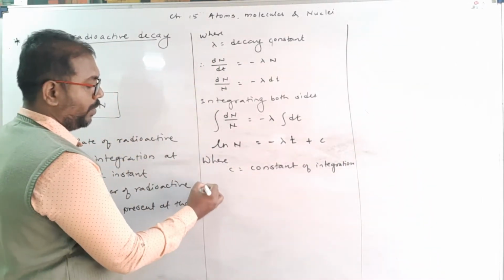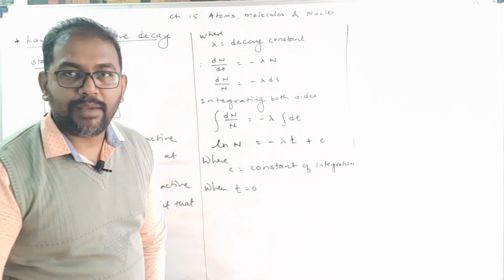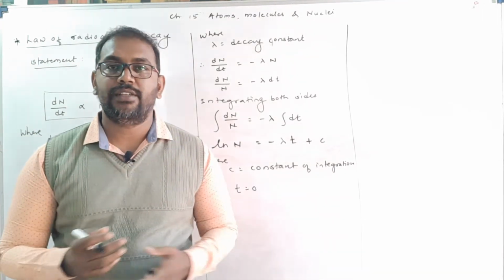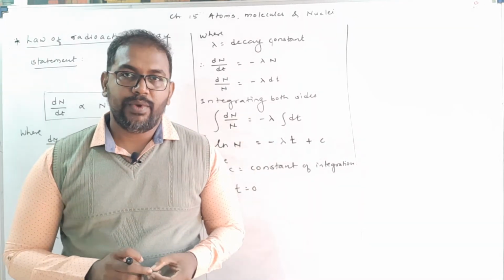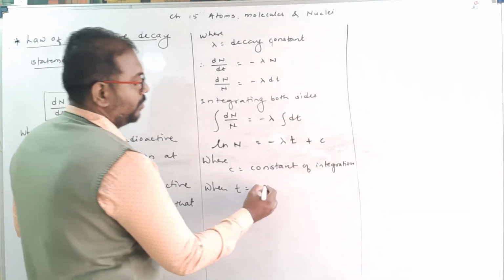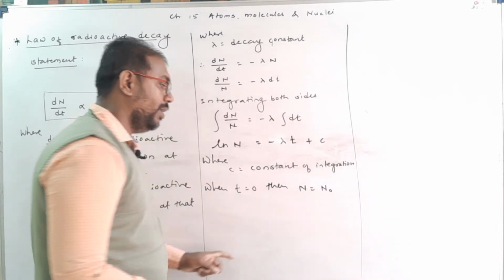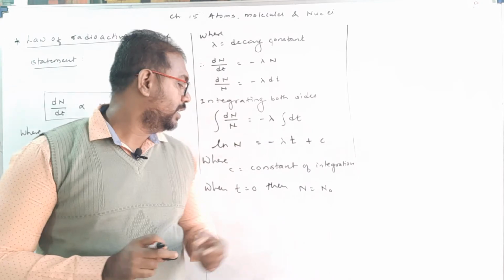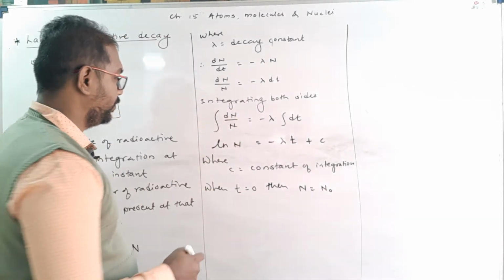Now when t is 0, the substance present is equal to the original substance, because we are considering the initial time when the disintegration has not started. So when t is 0, N is equal to N0, where N0 is the number of original nuclei present when time is 0.